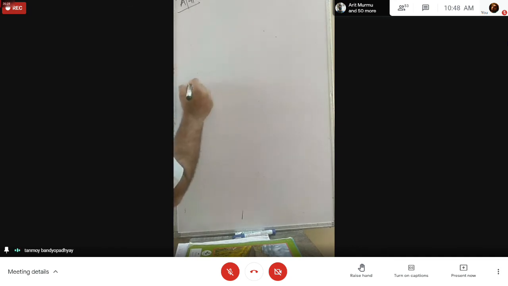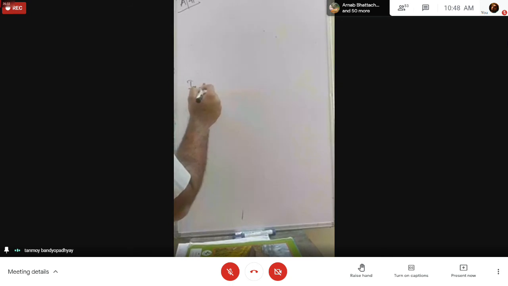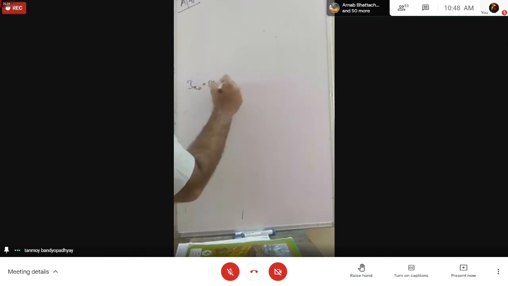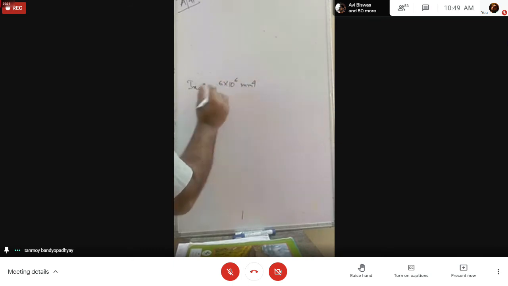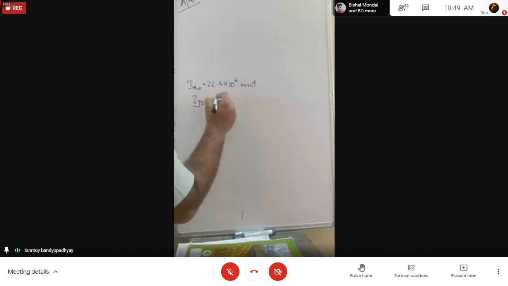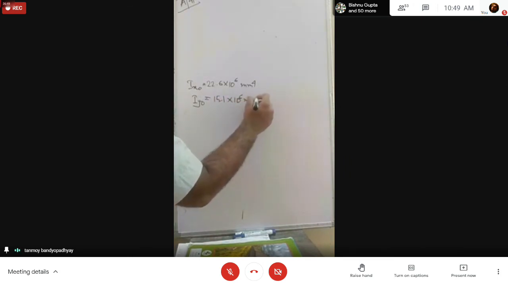So if this is for the previous problem, so Ix0 will be 22.6 into 10 to the power 6 millimeter 4, and Iy0 that will be equal to 15.1 into 10 to the power 6 millimeter to the power 4.